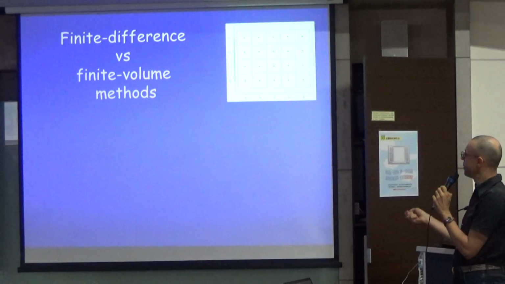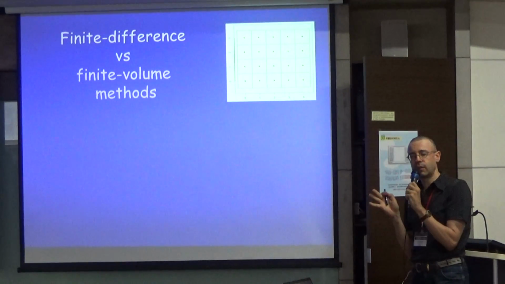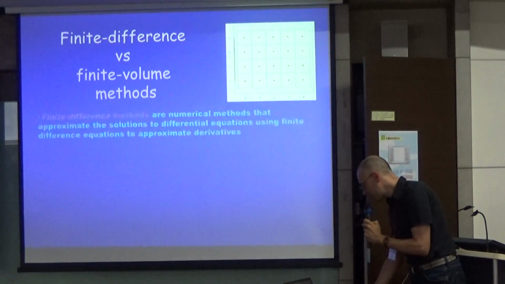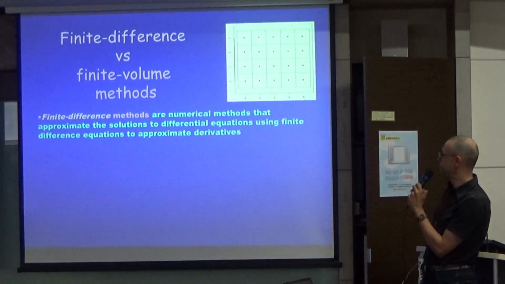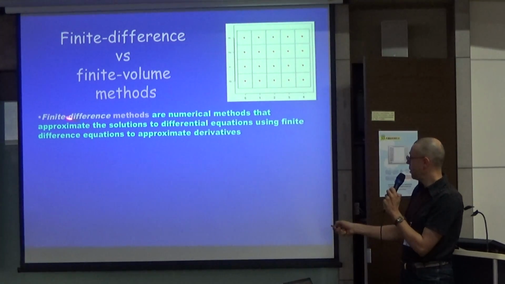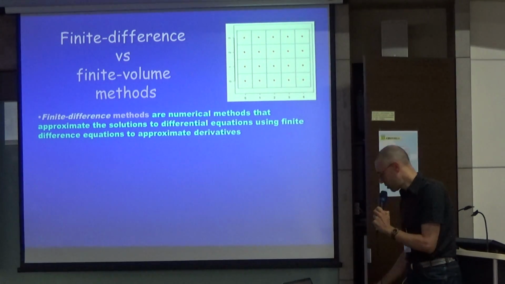Right? Okay. So these are two ways of thinking of the discretization. And this is written in words, what I've already said. So finite difference approximates the solution using finite differences, of course.